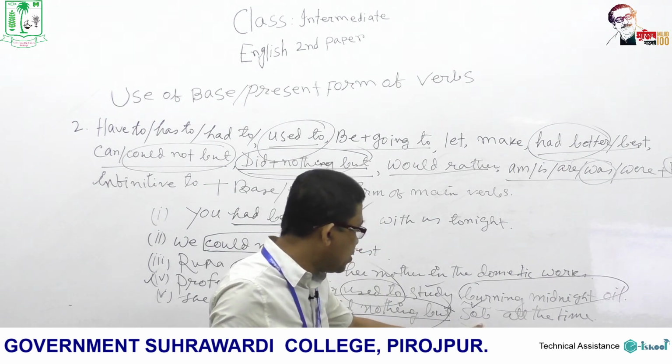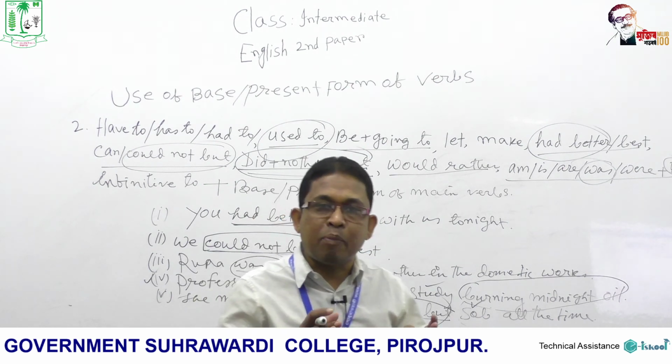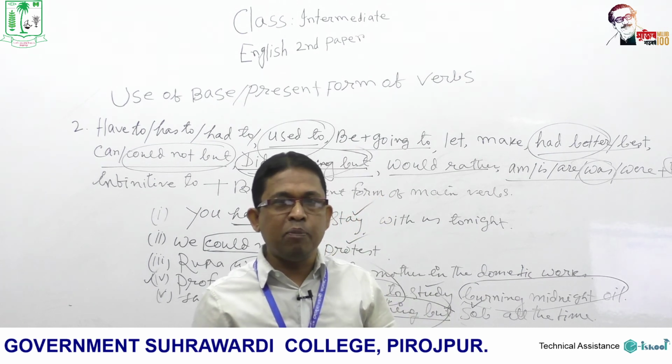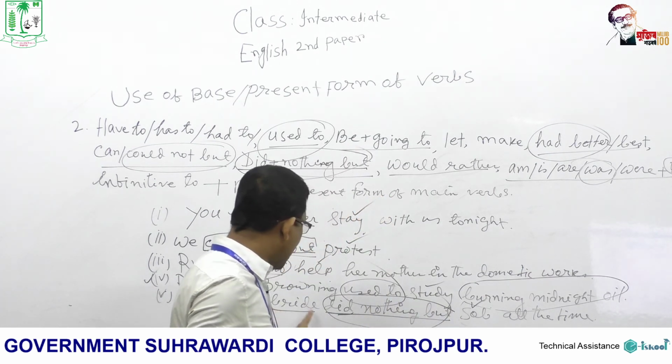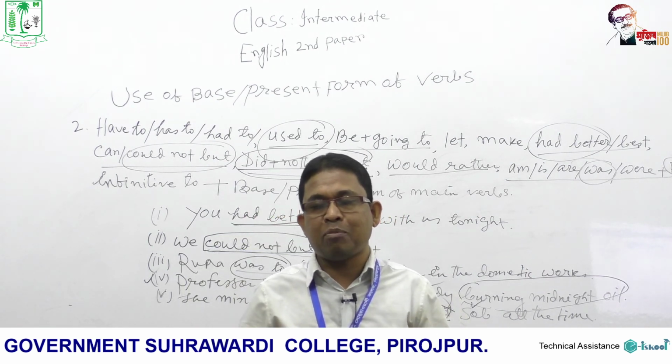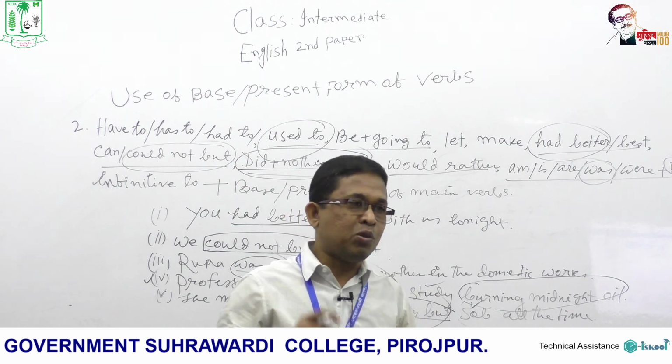So we have to use the base form sob. Sob is the present form, and the first form is sobbed, S-O-B-B-E-D. So if you use the minor bride did nothing but sobbed or sobbing all the time, this will be wrong. You have to use the base form.